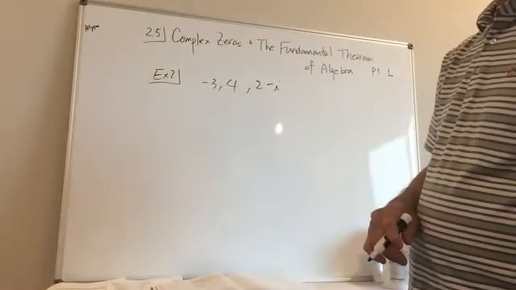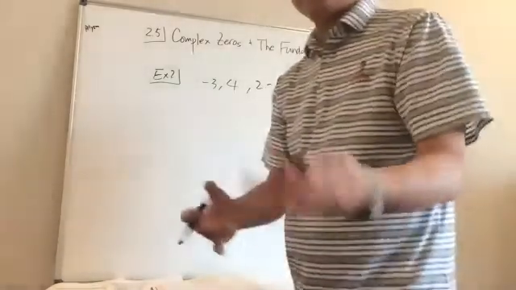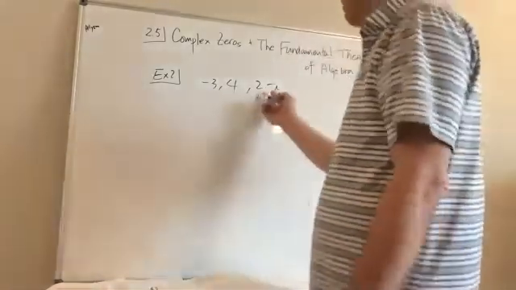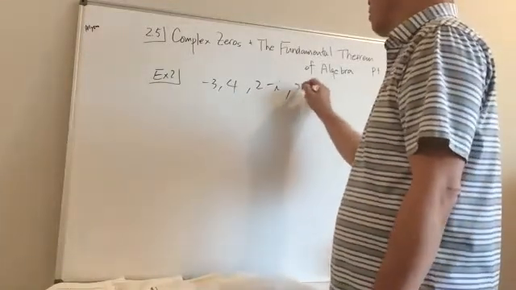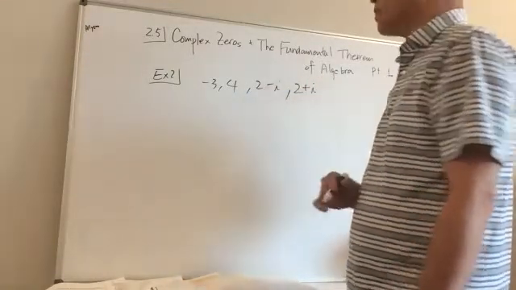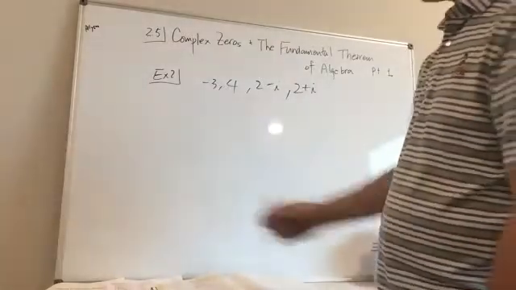Since we just said that, if this is a root, the conjugate has to be a root also, then I know that the 2 plus i has to be a root also. So I have these 4.